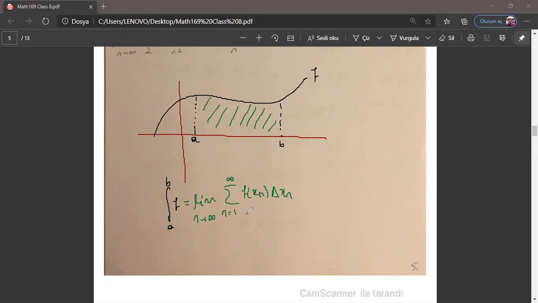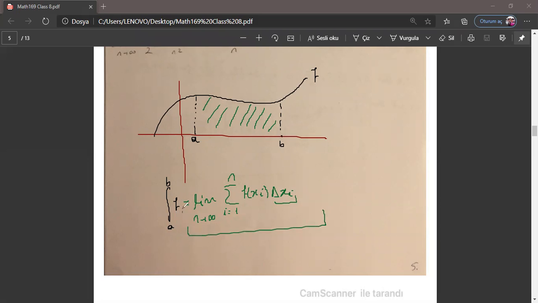Actually, maybe we can write it like this, which is better: the sum from i equals 1 to n of f of x sub i times delta x sub i. So what does that mean?